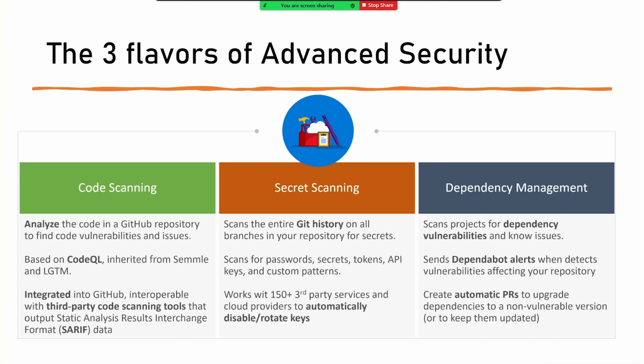As I was saying, this not only scans for that and sends you alerts. Obviously, you need to be alerted if anything is wrong or any vulnerability is affecting your repo. But also, if you enable it, it can automatically create the pull request for you to upgrade your dependencies in your project to a non-vulnerable version.